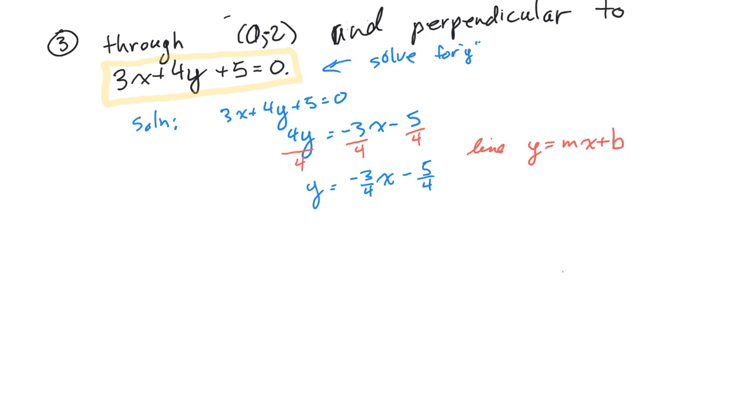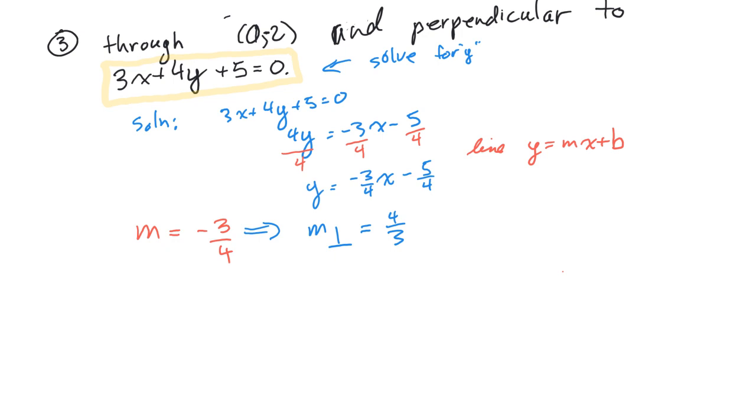So that means m is equal to negative 3 over 4, but we need the perpendicular one. The perpendicular one is called m perp, and it's the negative reciprocal. So instead of negative 3 over 4, we have 4 over 3 for our slope.